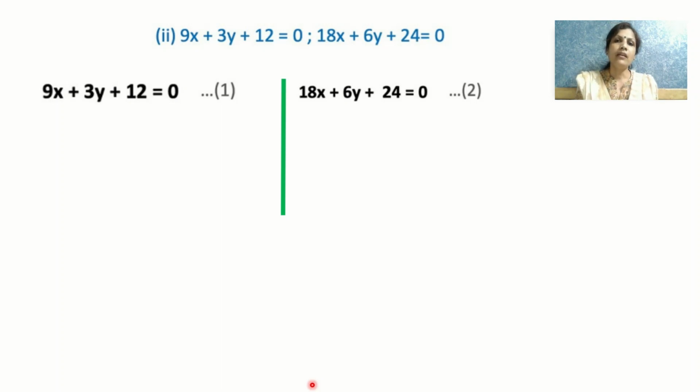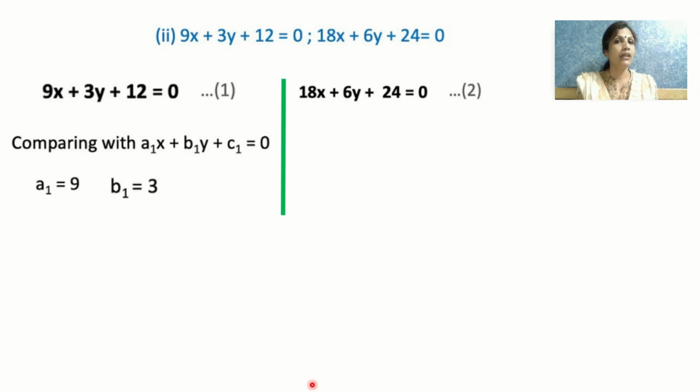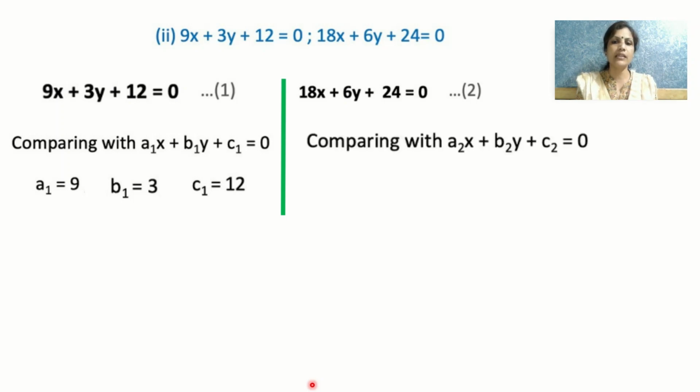Now comparing equation 1 with its standard form, a1x plus b1y plus c1 is equal to 0, we get a1 as 9, b1 as 3, c1 as 12. Similarly, for the second equation we get a2 as 18, b2 as 6 and c2 as 24.